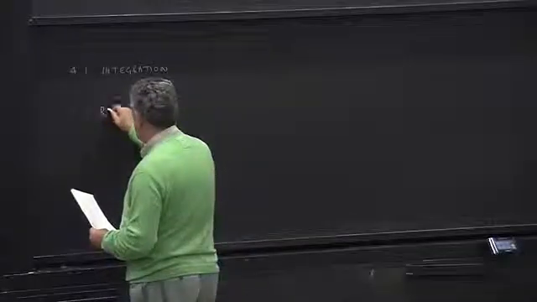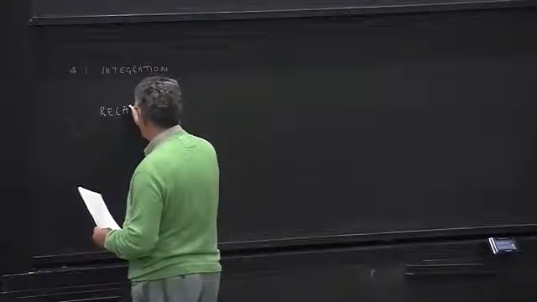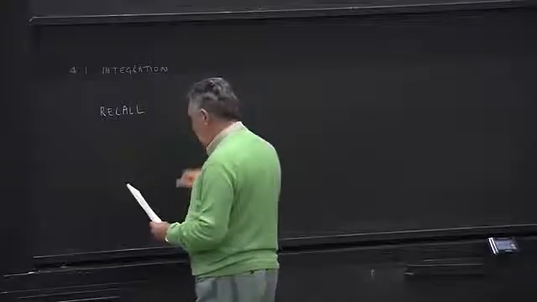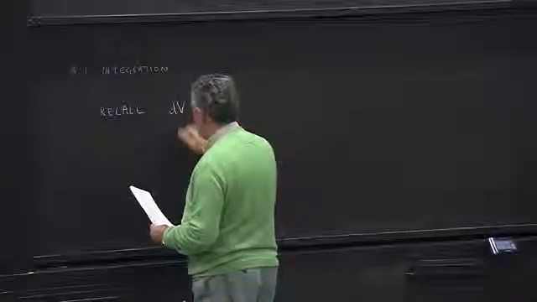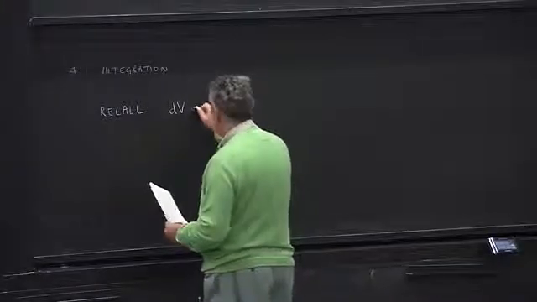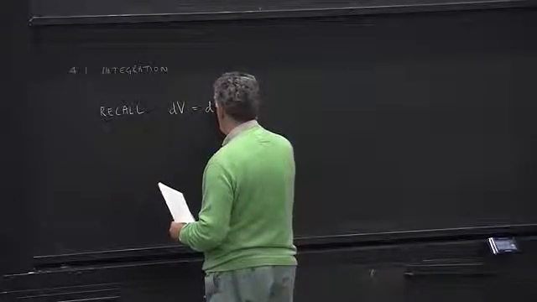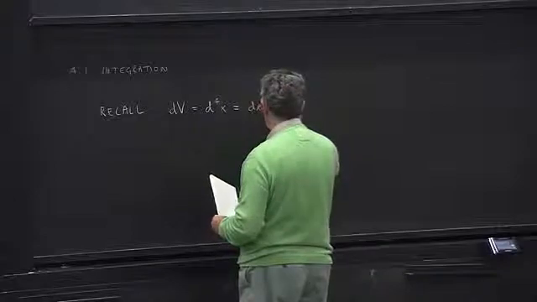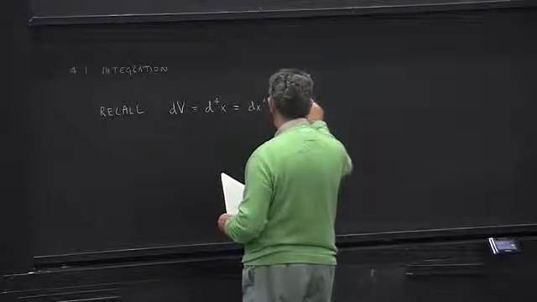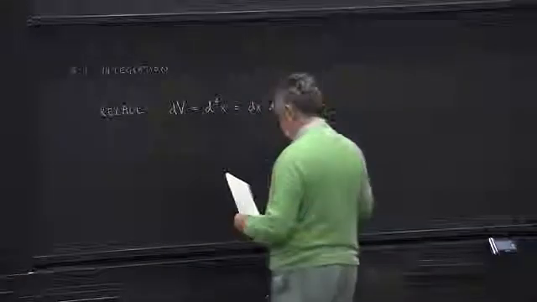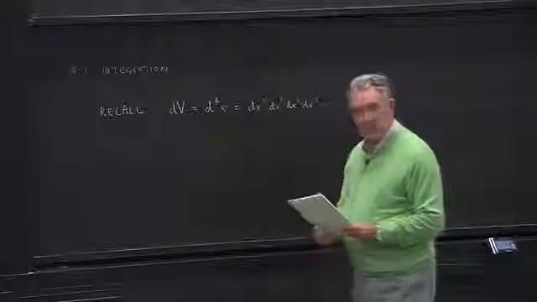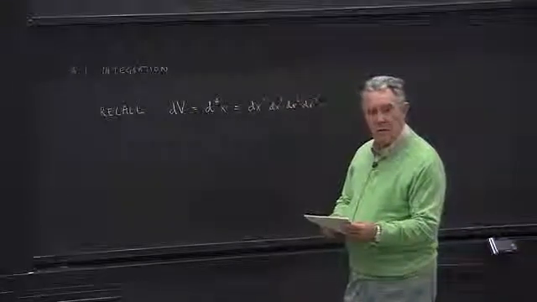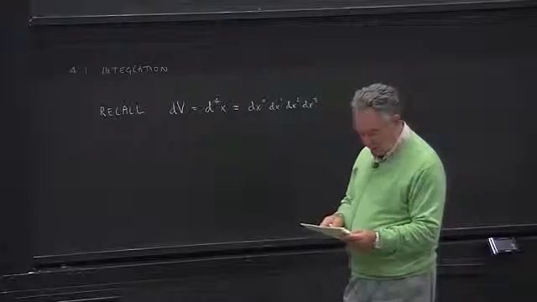Now, we recall, because we've already discussed it, that what's sometimes called dv, or equivalently d4x, which is the product dx0, dx1, dx2, dx3, is not a scalar. Rather, it's a scalar density of weight minus 1.